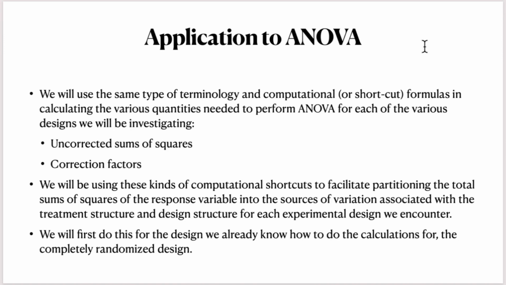Now, we'll be using these kinds of computational shortcuts to facilitate partitioning the total sum of squares of the response variable into the sources of variation that are associated with the treatment structure and the design structure that comprise the various experimental designs that we're going to encounter as we go forward in the course. Now, to get used to this, we're going to do this first for the design that we already know how to do the calculations for, which, as we discussed, is the completely randomized design.